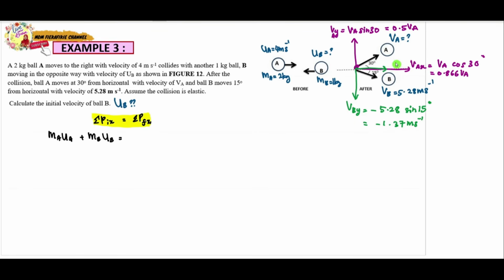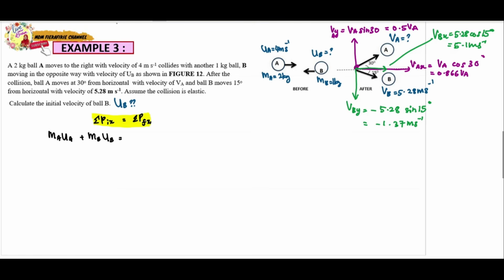Tak muat kat sini. Saya tulis kat atas ni. So VBX equal to 5.28 cos 15 degrees. So VBX you akan dapat nilainya, cuba kira. Dapat tak 5.1? Okay, 5.1 meters per second.